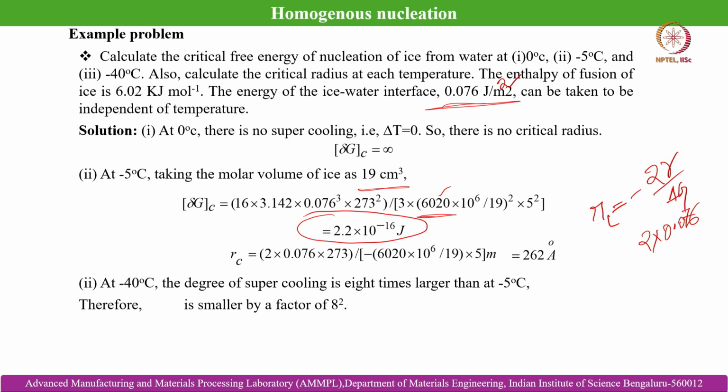Finally, we arrive at the critical radius of the product particle, which is 262 Angstrom.